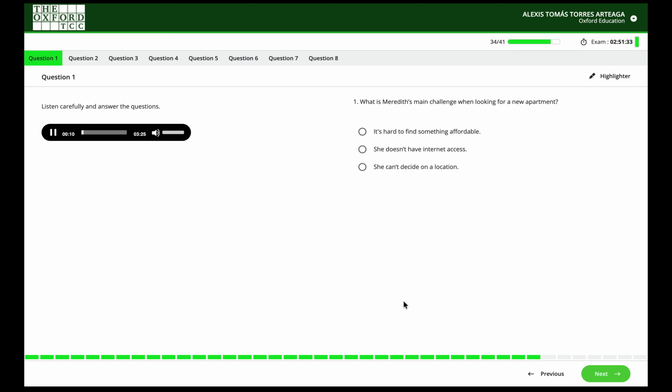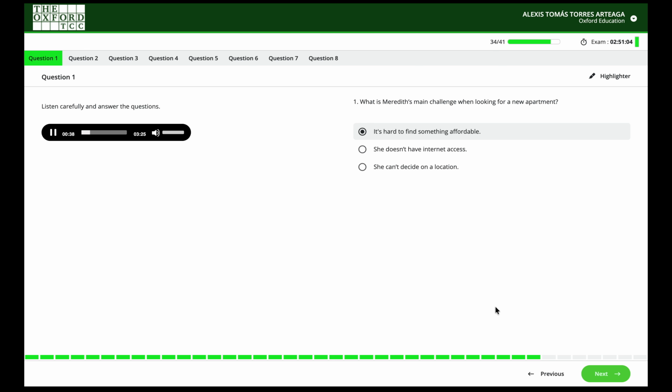Hi, Meredith. Have you started looking for a new apartment yet? Yes, Pamela, I have, but it's quite challenging to find something within my budget. I understand. Renting can be tough, especially in this city. Have you considered looking for a roommate to share the expenses? I have, but I'm a bit hesitant about living with someone I don't know.